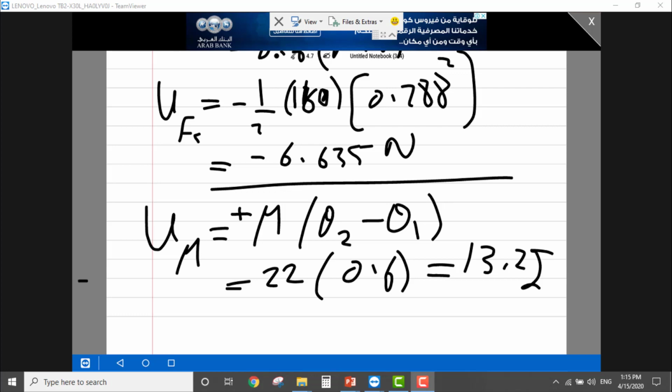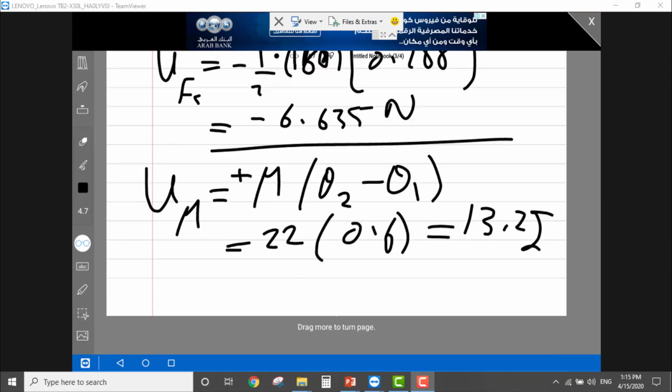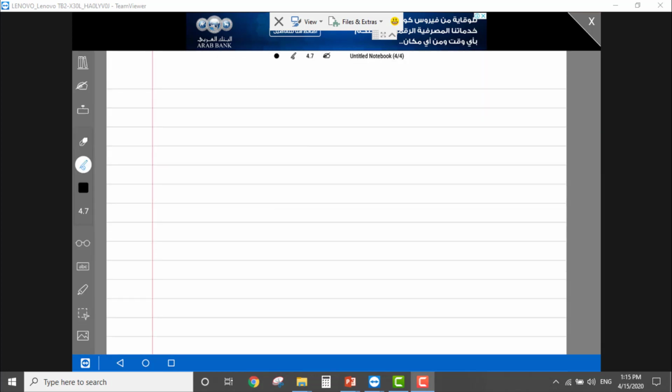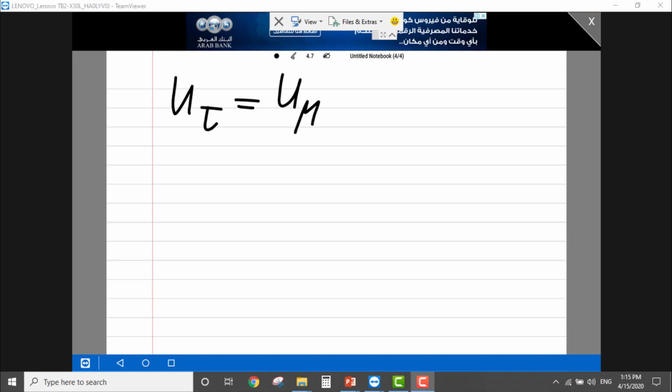In order to find the total work, U total equals U from moment plus work from spring.